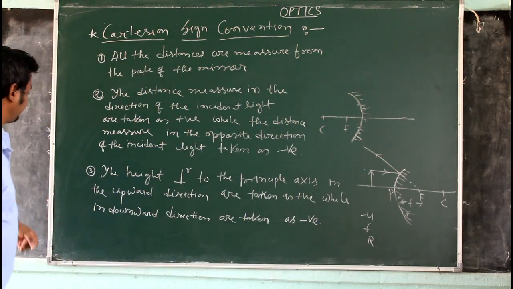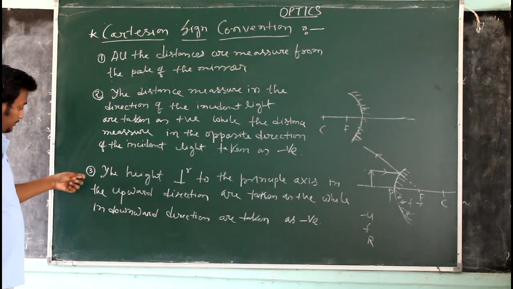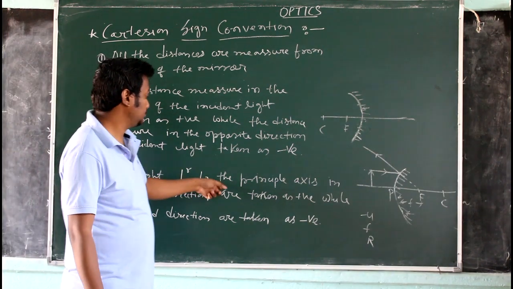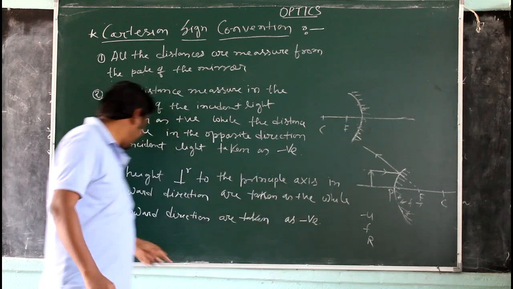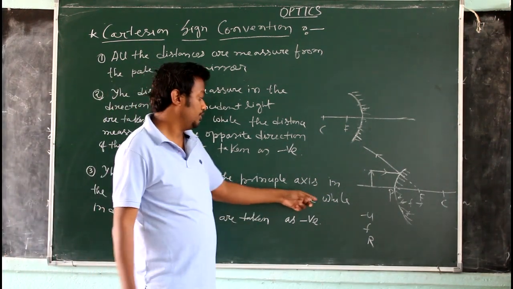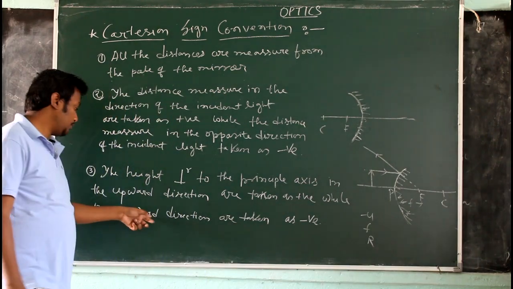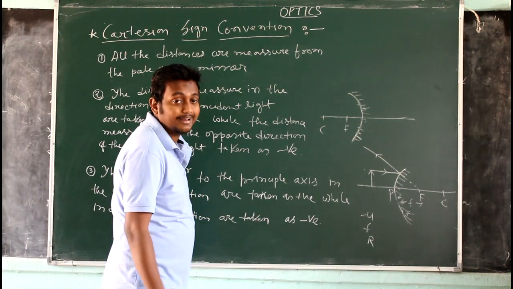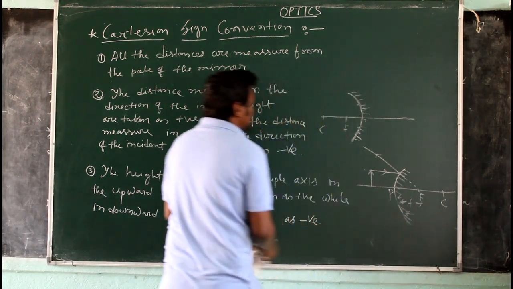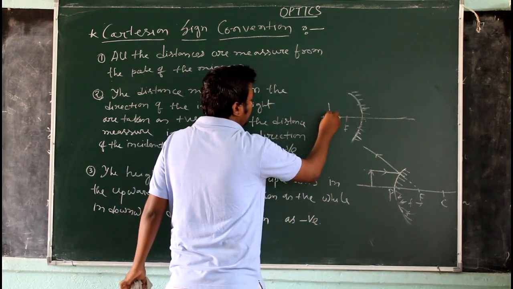Now come to number 3. Heights perpendicular to the principal axis in the upward direction are taken as positive, while in the downward direction they are taken as negative. Suppose we have placed an object.